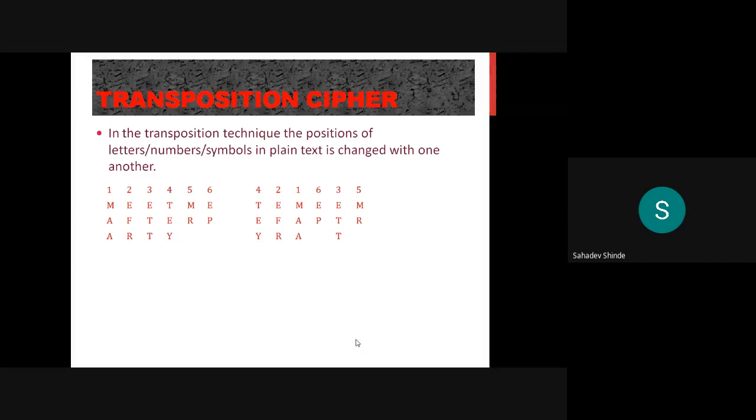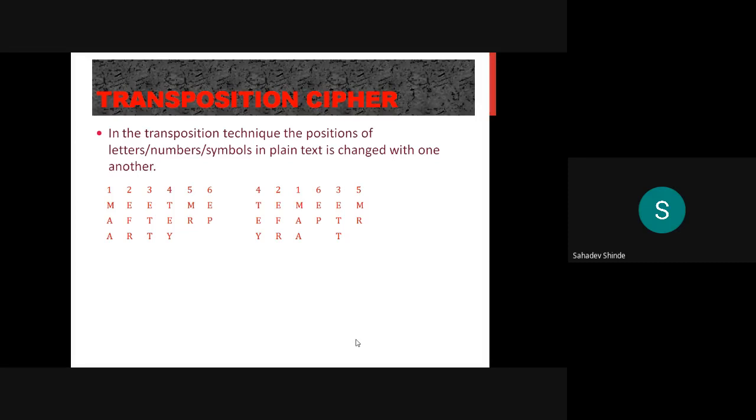So what is the substitution technique? In the substitution technique, we replace the characters of the plain text, and in the transposition cipher, we just rearrange the characters of the plain text. That is called the transposition cipher.